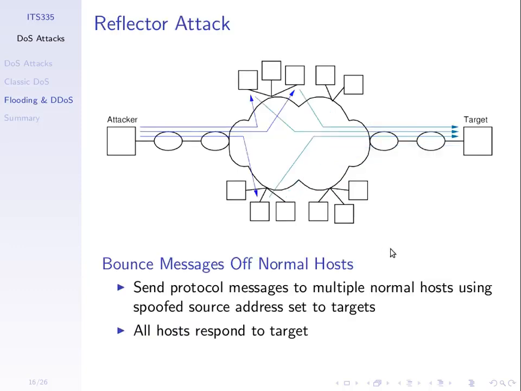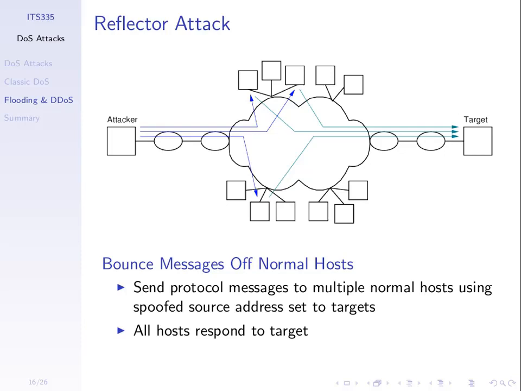And the other approach is called reflection, which is you set the destination to be one of the other computers and the source address to a fake address, which is that of the target. So the approach is, I want to send to the target, but what I do is I send the ping messages to these other selected, maybe randomly selected computers, but with a fake source address, where the source address is that of the target.